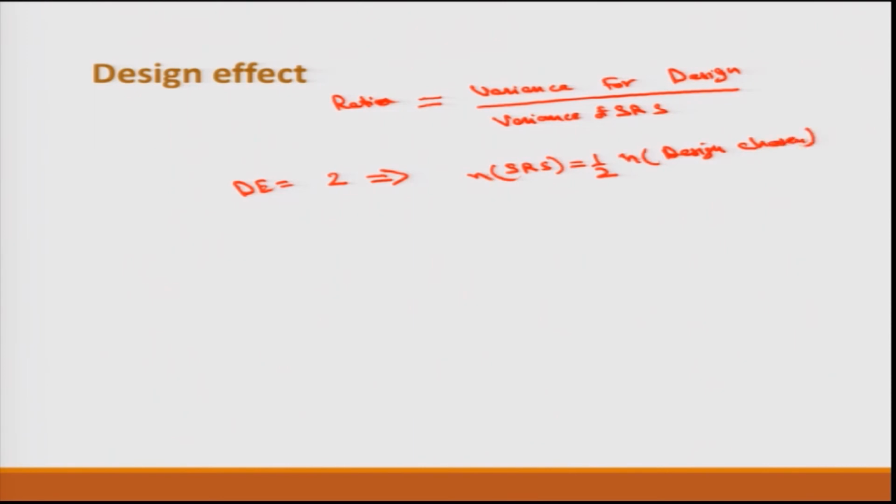What is desired here is a design effect of less than 1. If design effect is less than 1, then only this design should be used for the study. If design effect is more, then simple random sampling is obviously the best option here.